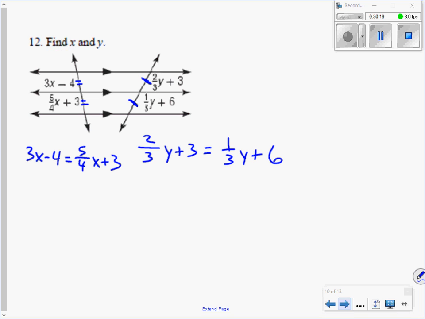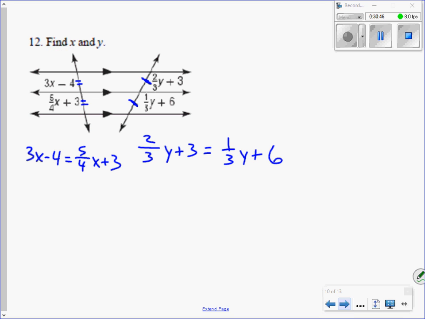So the algebra is a little bit harder. We got the fractions in this. Here's what I suggest, and what I find is the easiest thing to do when you're solving equations. Remember this for Algebra 2, or whatever you've got coming up, PSATs, whatever.